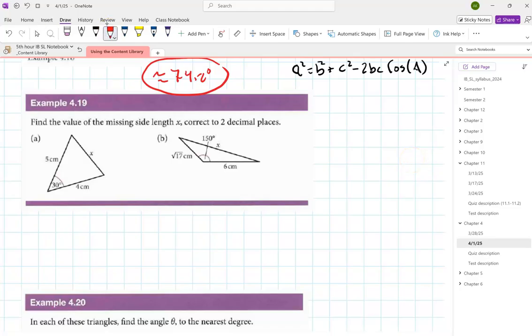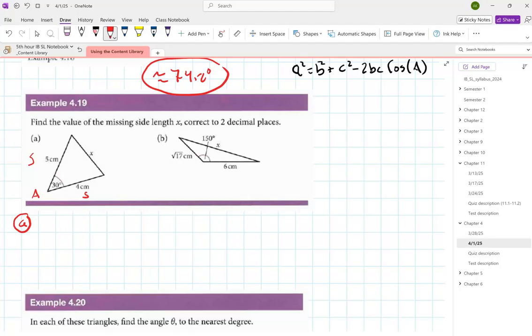So if I look at part A for this, where we're looking for that third side x, which situation are we in? Are we in a law of sine situation or law of cosine situation? Very good. So this is the side angle side situation because I see that the two given sides make up the given angle.